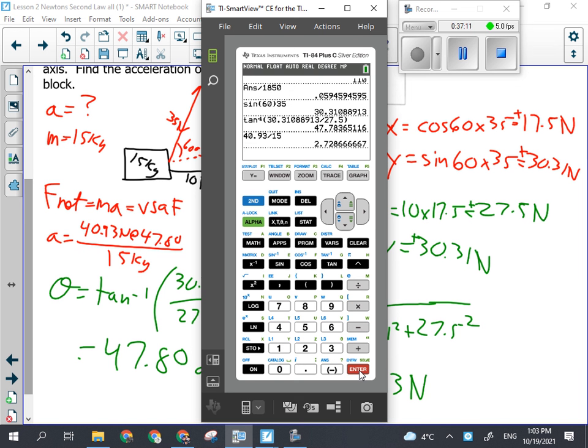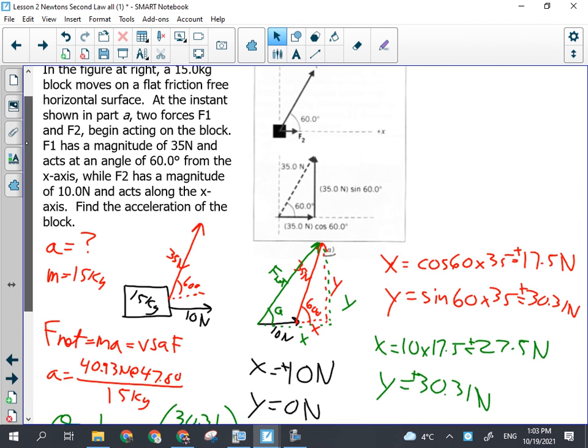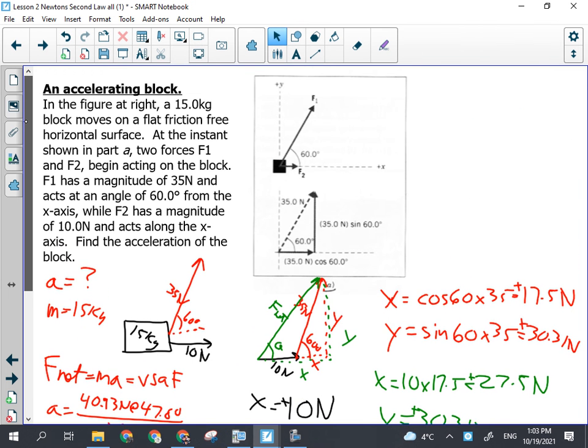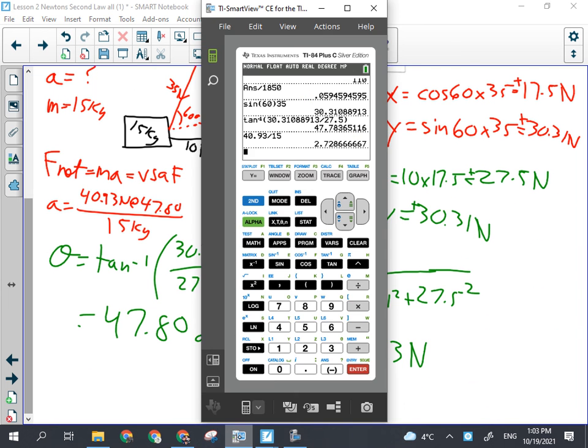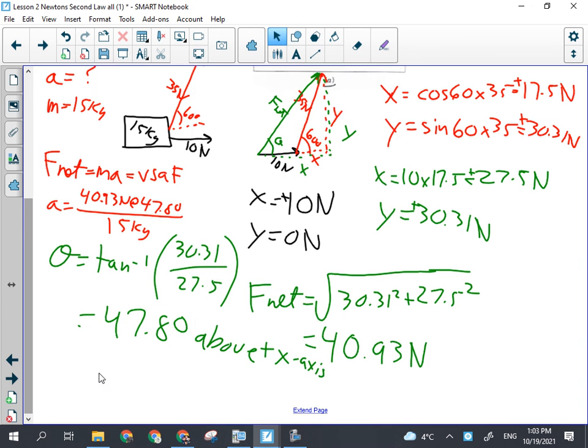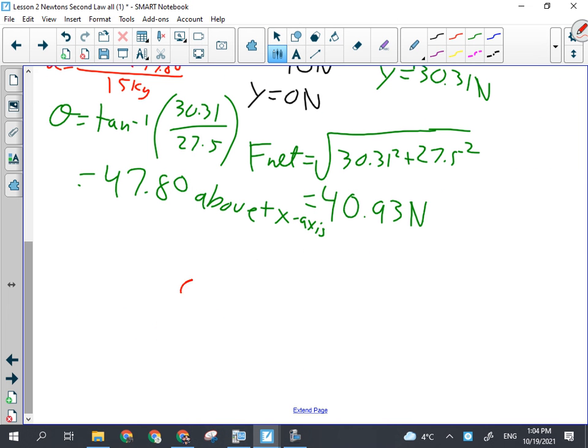All right, so my overall acceleration, I think I only have two significant digits here. Yeah, only two, 35 only has two. So my overall answer is going to be 2.7 meters per second squared at 48 degrees above the positive x-axis.